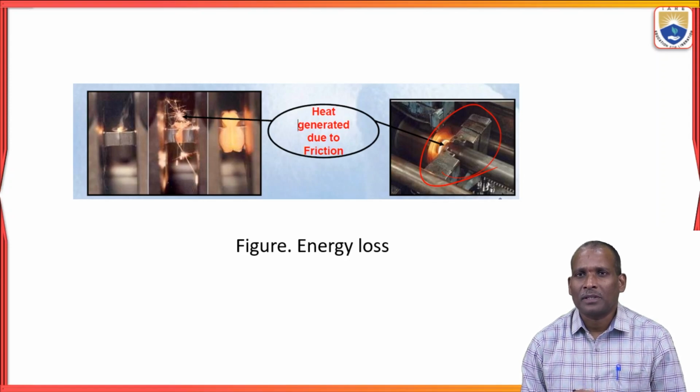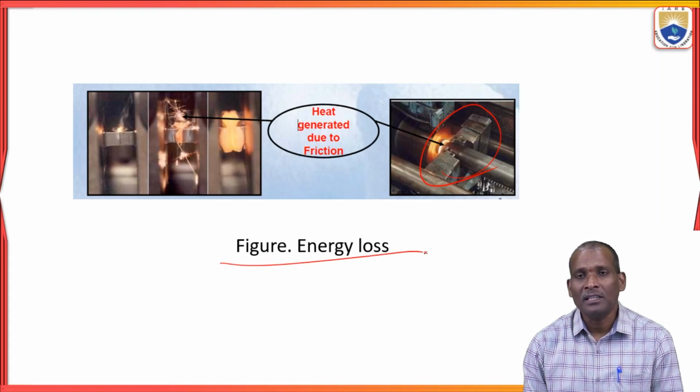Due to this friction, heat will generate, and due to this heat, some wear loss will occur. The heat generated is mainly caused by friction only. That's why there is an energy loss.